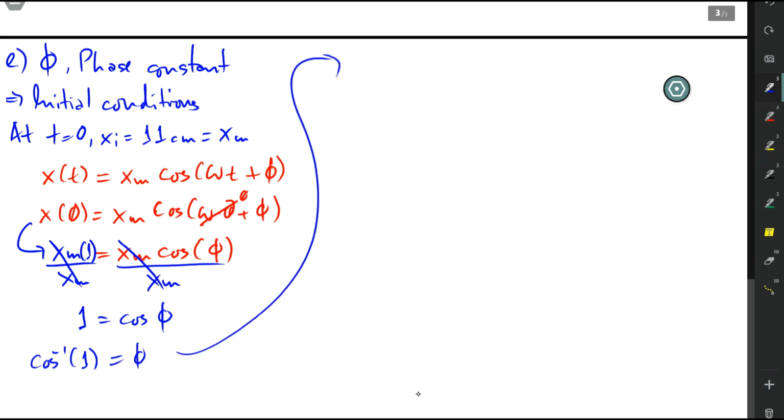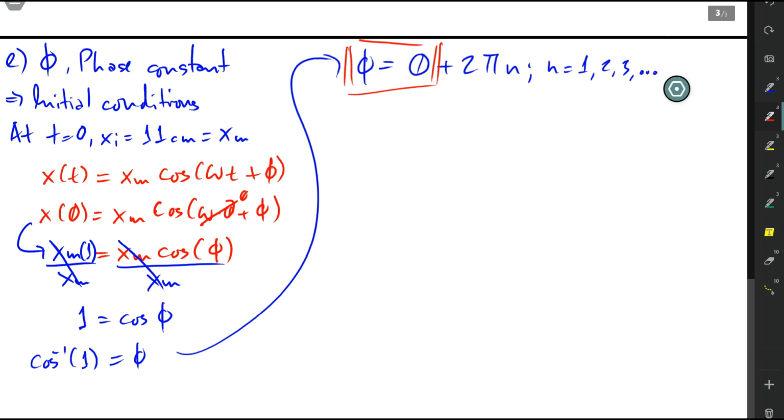The answer is that it could be 0 radians plus 2 pi n, where n is a counting number. We're just going to use the simplest case. Simplicity is key, where phi is 0 radians.